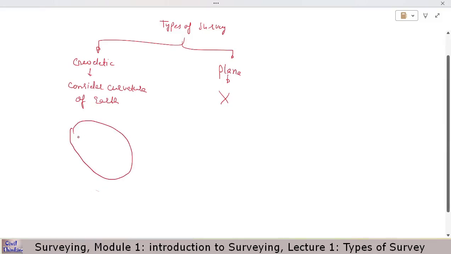It is not perfectly an ellipsoid either, because in 3D we talk about an ellipsoid. So what we do is assume that the earth is an ellipsoid, then we carry out our calculations and our survey considering this. But in plane surveying, we consider that the earth is plane.